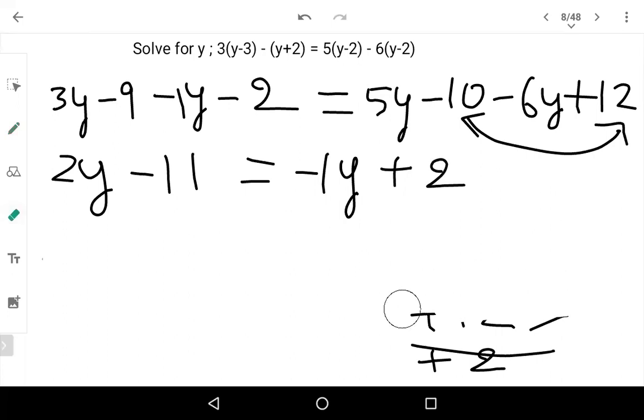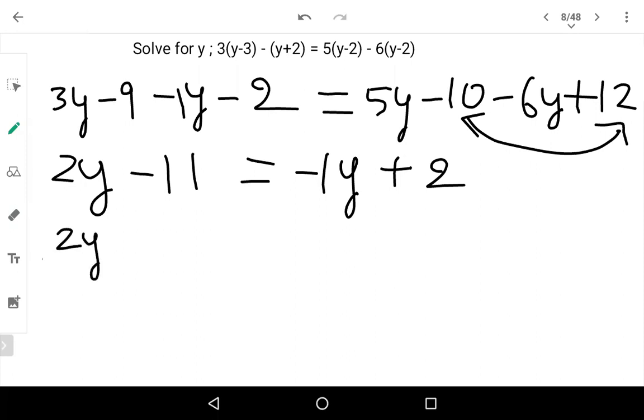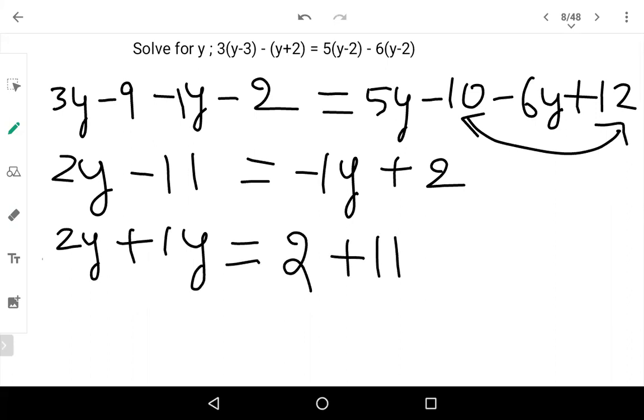Now next step is we are going to take y to one side. So 2y, if I take minus 1y to the other side, it is going to become plus 1y is equal to, I have 2, I'm going to take minus 11 to the other side, so it will become plus 11. Correct?